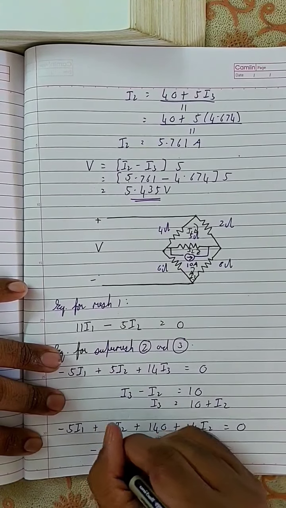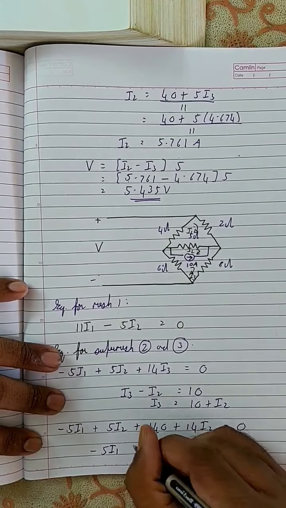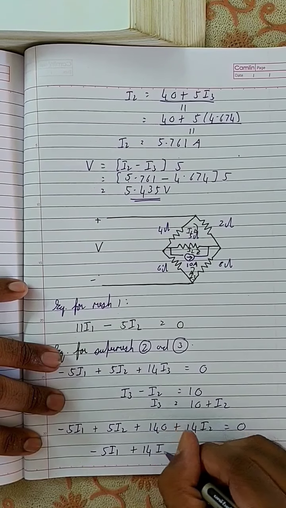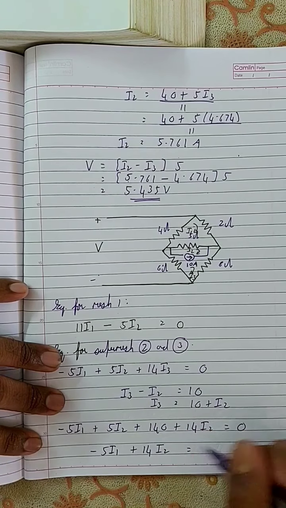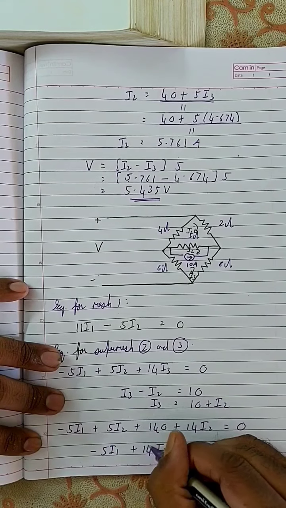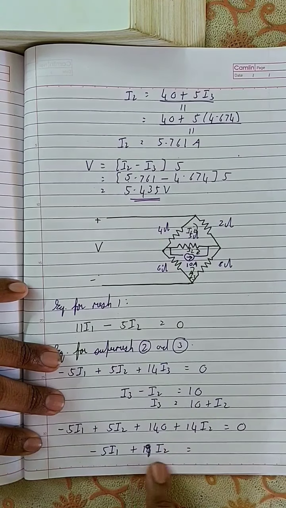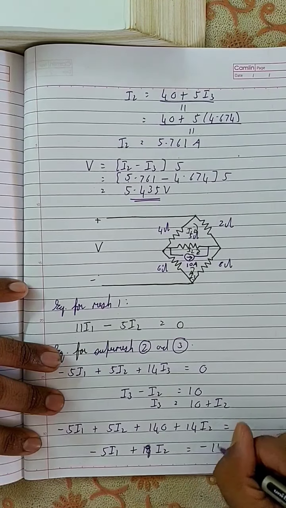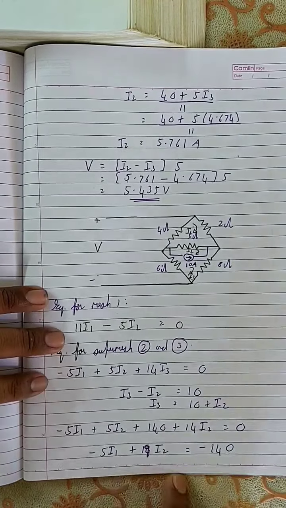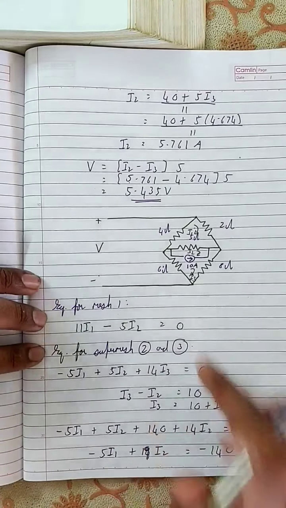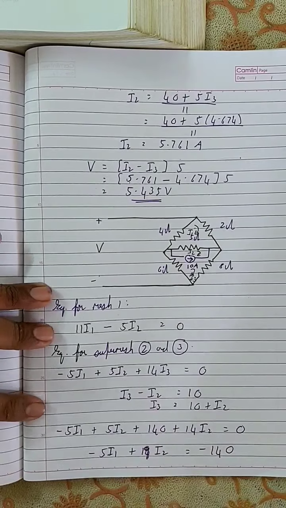In other words, minus 5I1 plus 19I2 is equal to minus 140. This is the second equation, and this is the first equation. Now I can solve for I1 and I2.